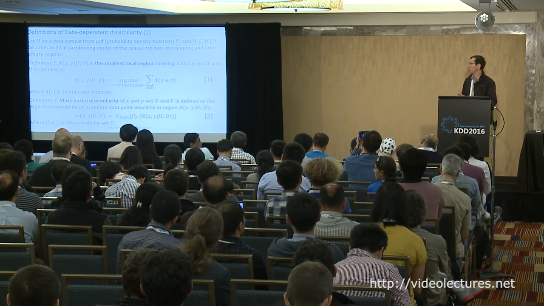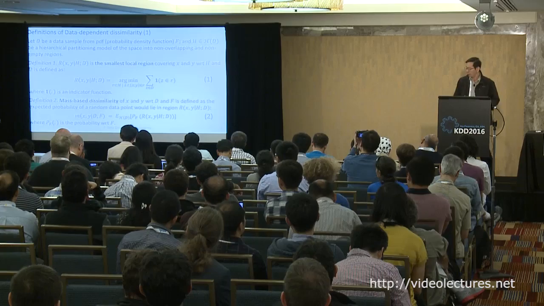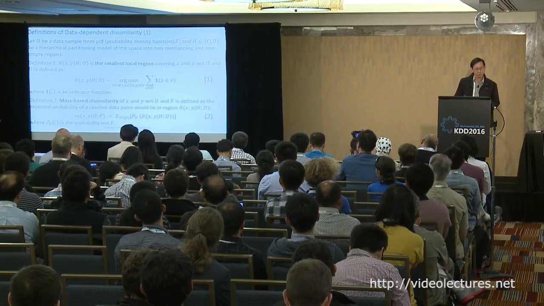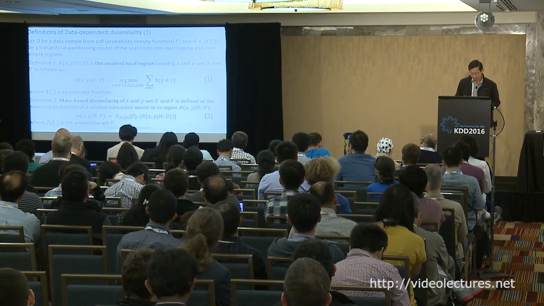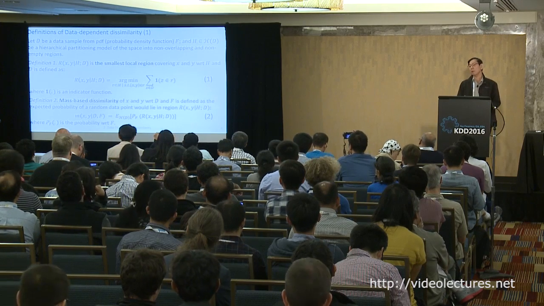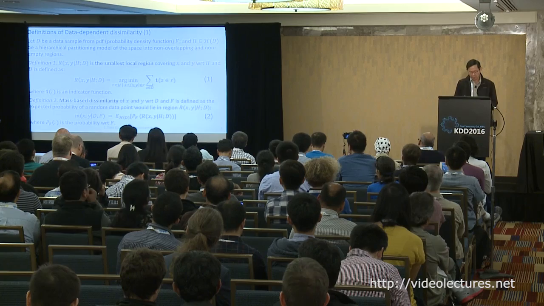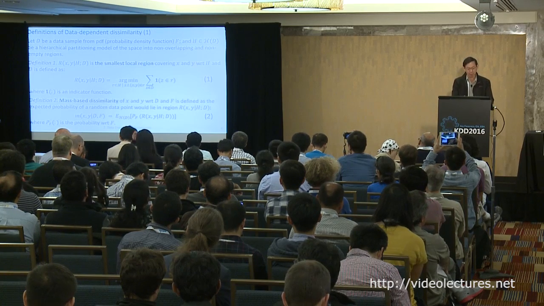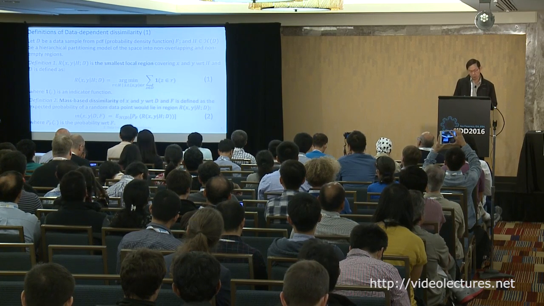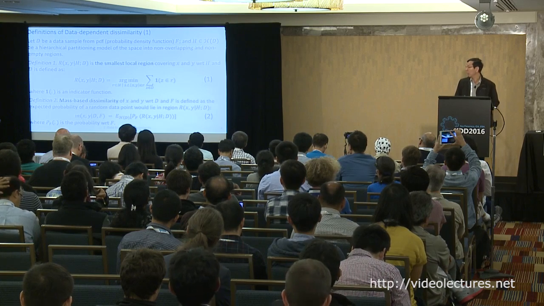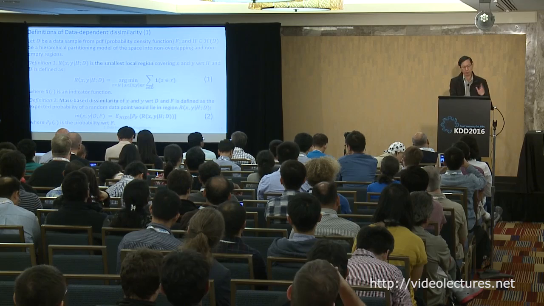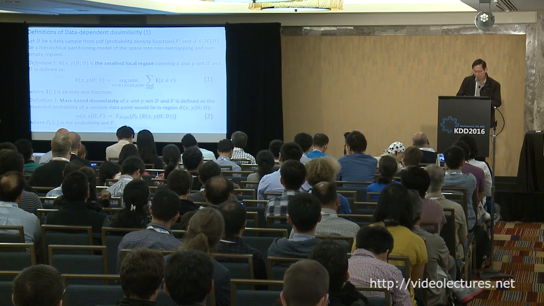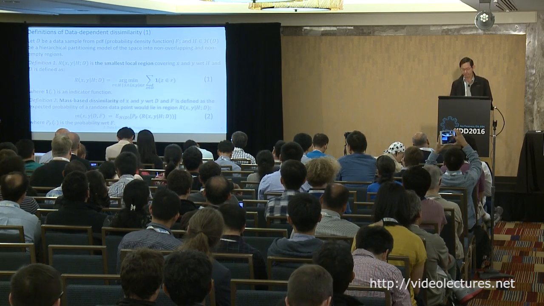So, coming to the definition. Let's say you've got D, which is a data sample. You sample from the PDF F, and then you get some kind of model H, which is a hierarchical partitioning model of space into non-overlapping and non-empty regions. So you have two things in there. Now, what is the smallest local region?